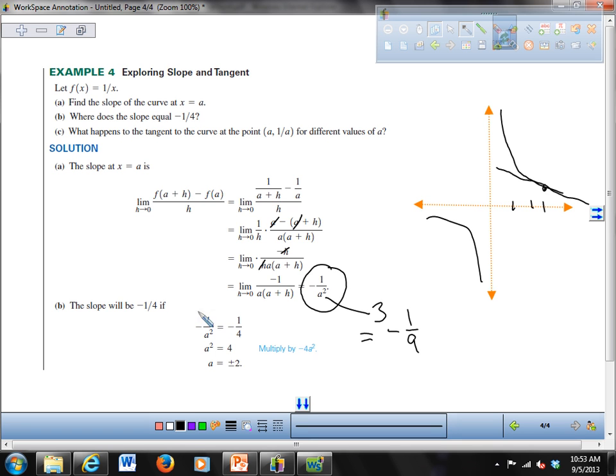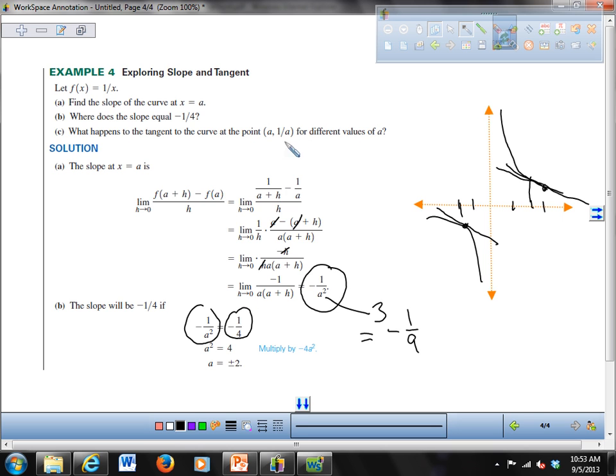You set this slope equation, which is the derivative, equal to negative 1/4. You cross multiply, and you get negative a squared equals negative 4, so a squared equals 4, which is plus or minus 2. So at plus 2 and at minus 2, the slope of this line is negative 1/4. That should line up with there, and over here the slope of the line is negative 1/4. So that can tell you the slope at any point.